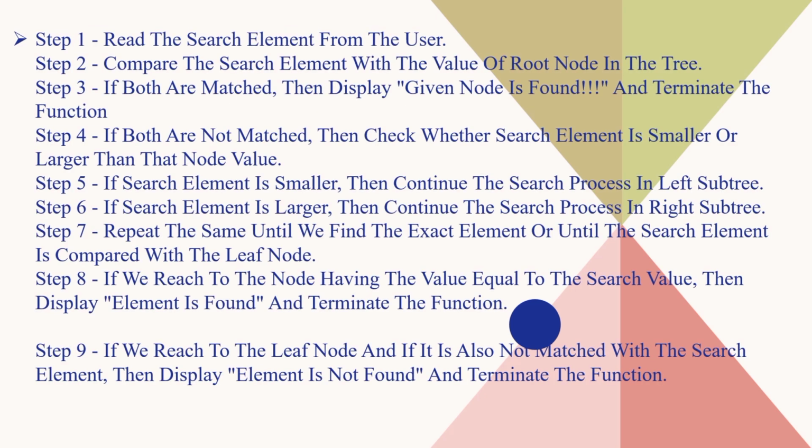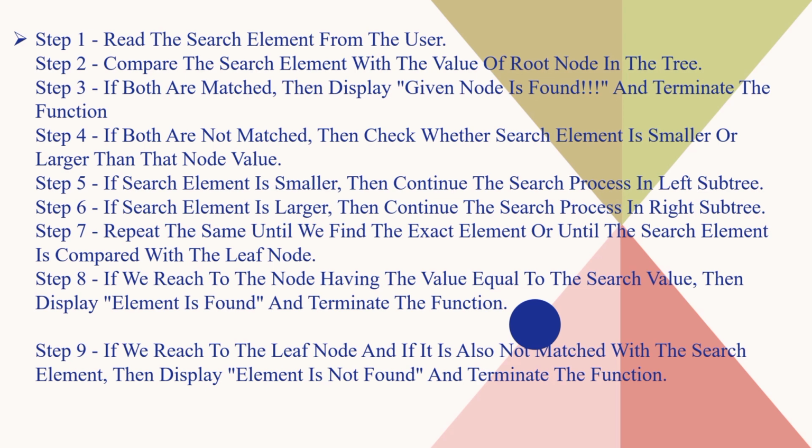So these are the 9 steps to search the element. Step 1: read the search element from the user. Step 2: compare the search element with the value of the root node in the tree. Step 3: if both are matched, then display that the given node is found and terminate the function.